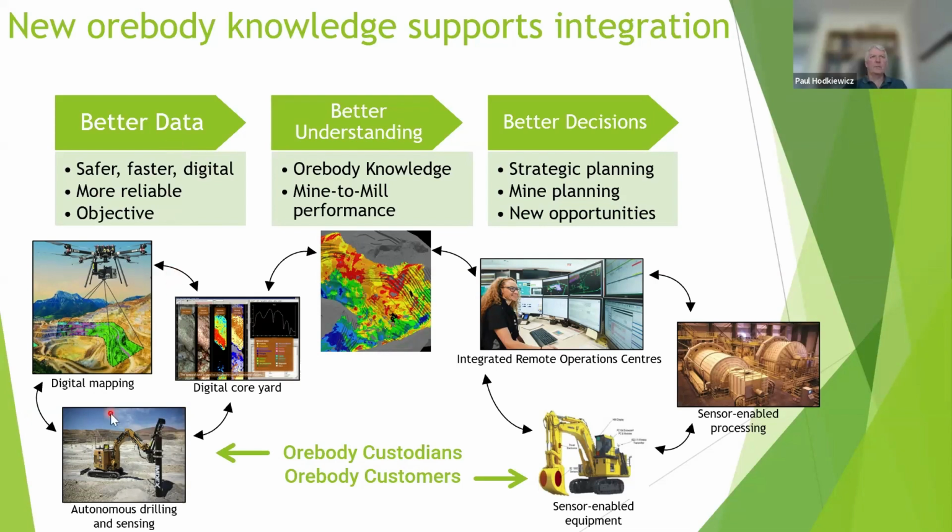And with all these sensor types, we're collecting safer and faster digital data. It's more reliable because it's objective, right? Whether it's from drones or probes or scanning. And that's showing us a more realistic view of the ore body, what it really looks like, what we can expect it to look like when we start to mine it, because we're looking at the mineral domains.